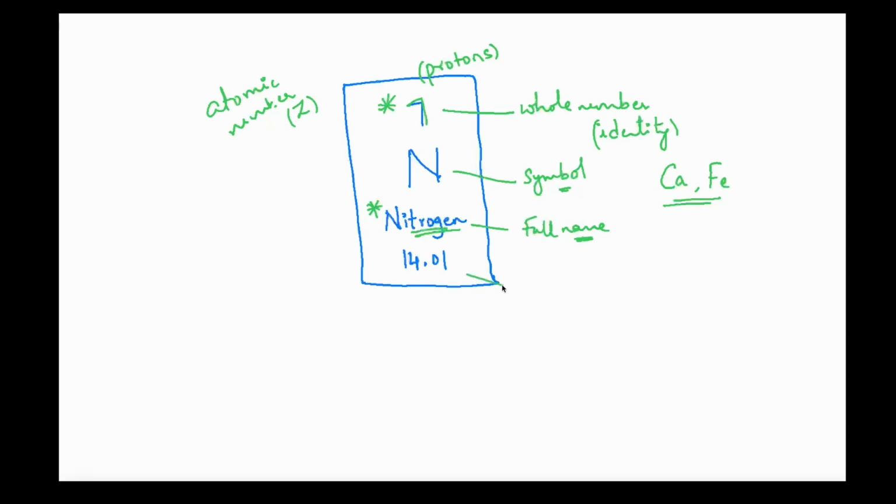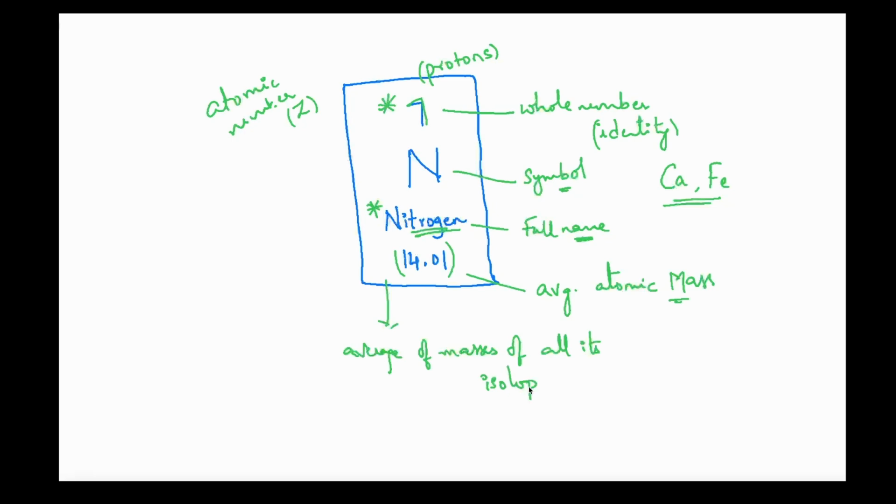Now this last one is called the average atomic mass. It is usually not a whole number, and the reason for this is that it is taken as the average of the masses of all its naturally occurring isotopes.